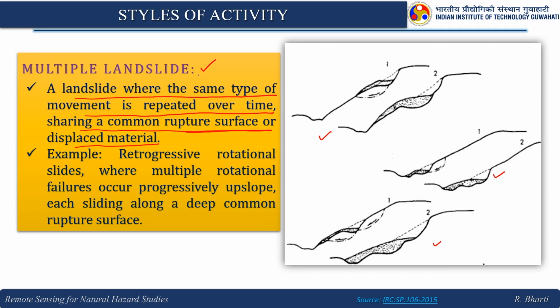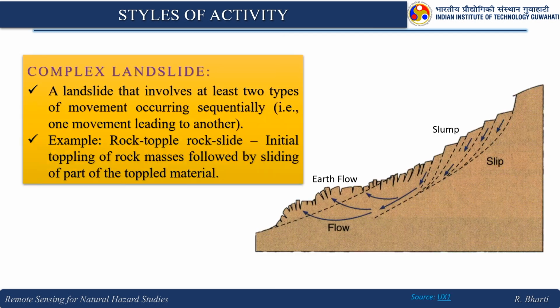If that is the case, we will call it multiple landslide. For example, retrogressive rotational slide where multiple rotational failures occur progressively upslope, each sliding along a deep common rupture surface. So, in such cases we will call it multiple landslides.